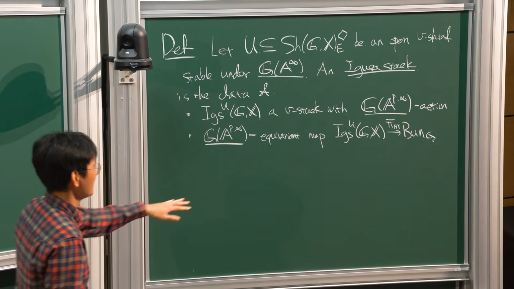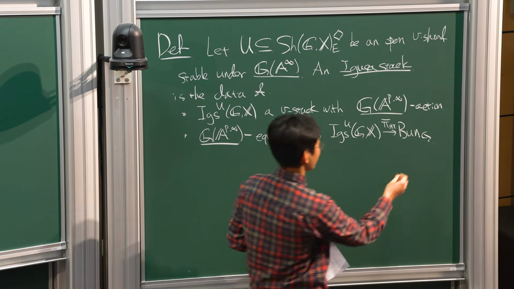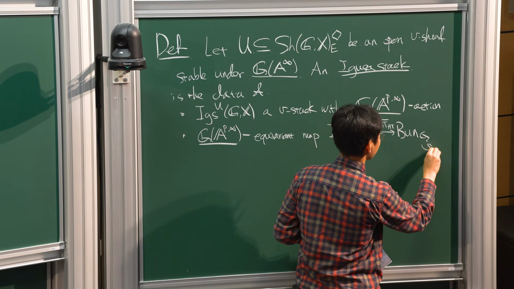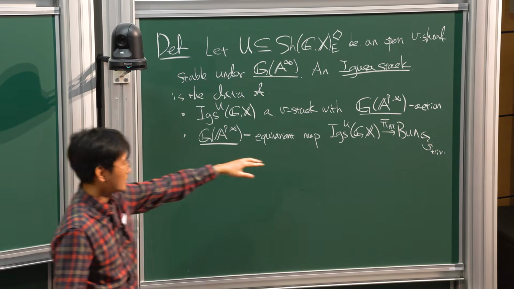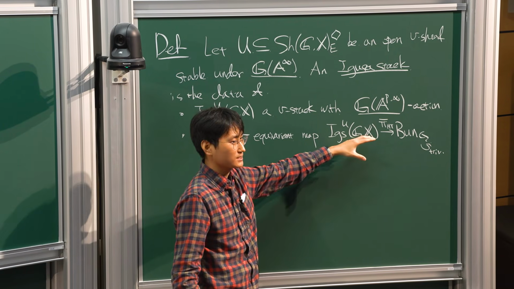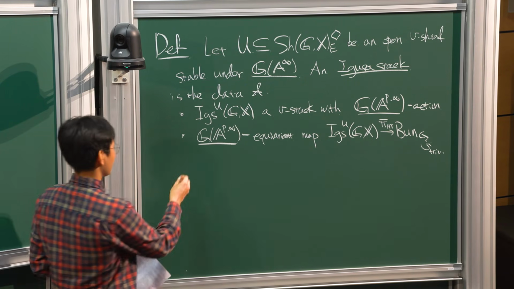And so Bun_G is a stack, so this really is right. And by the way, I should say the action is a trivial action. And this really contains some kind of equivariance coherence datum as well, but I'm going to ignore that.